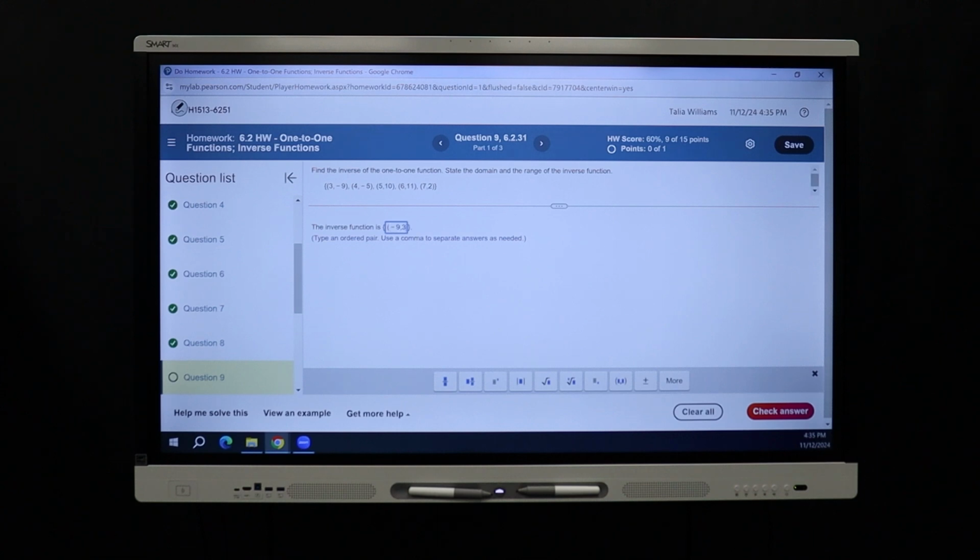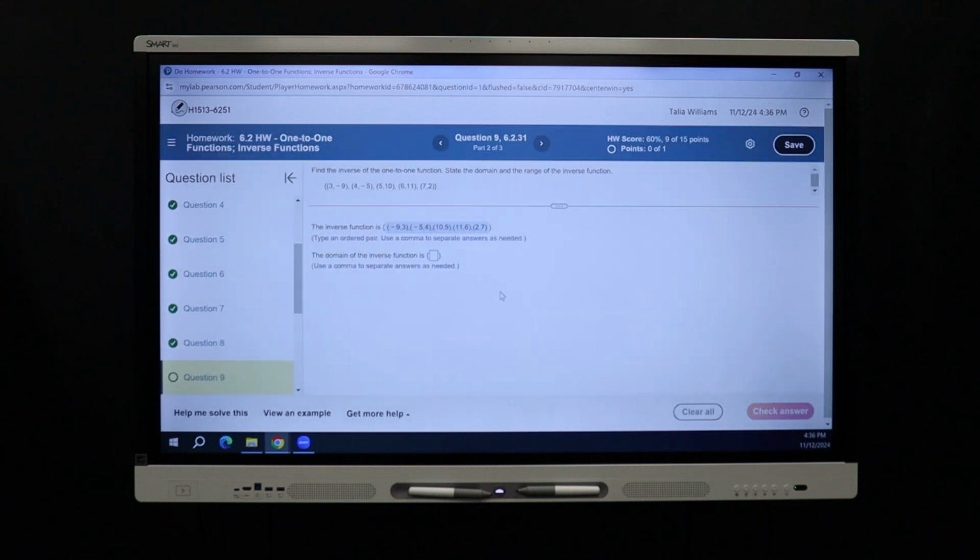Be sure you keep all your commas and your parentheses in order. -9, 3. -5, 4. 10, 5. 11, 6. And 2, 7. Make sure I didn't put a period instead of a comma in there. Make sure I have all my commas. I think I got it all.